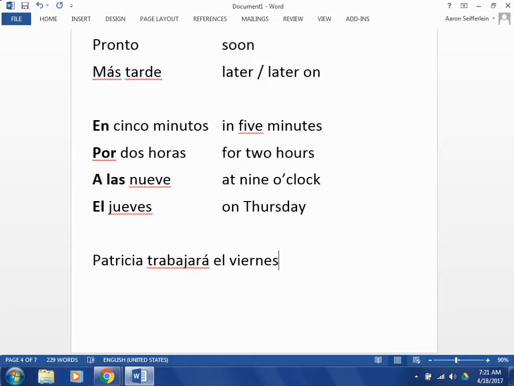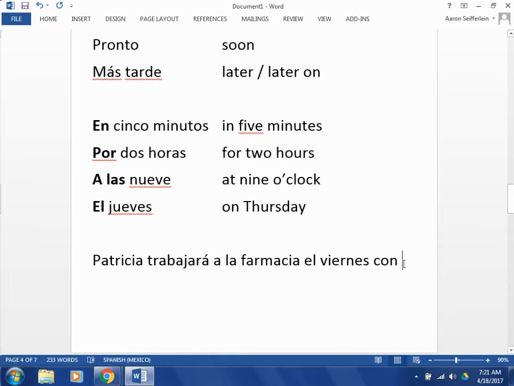And then you could carry it on and say where she'll work. Patricia trabajará a la farmacia el viernes. Other details could just be any standard vocab that you know. Make longer sentences. Mention who she's going to work with.